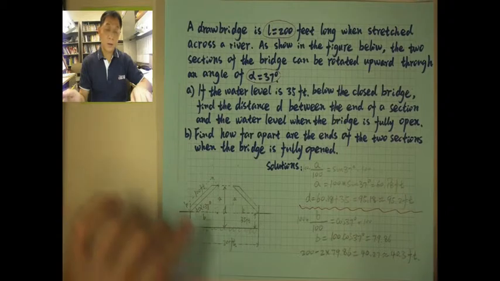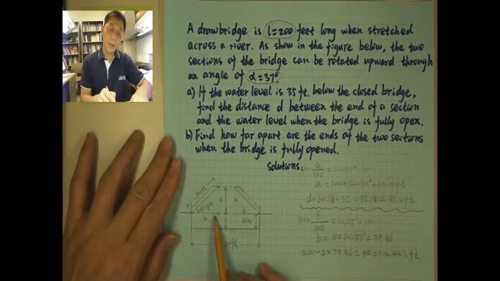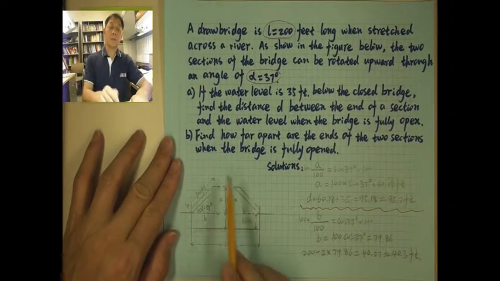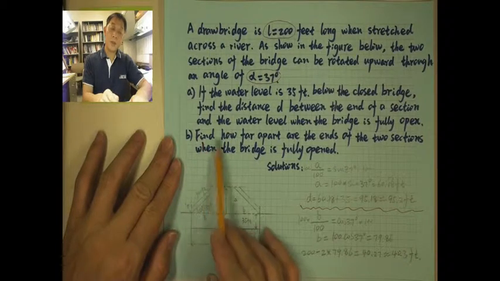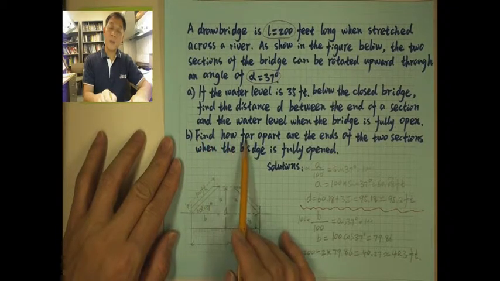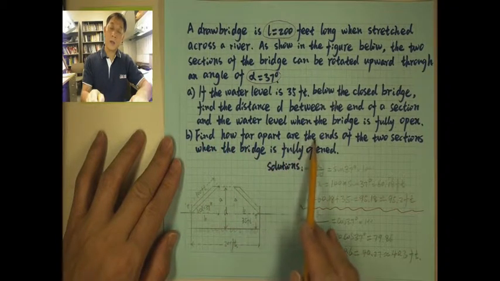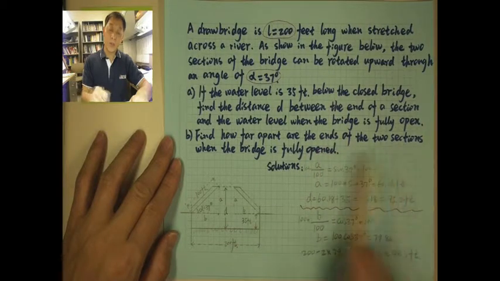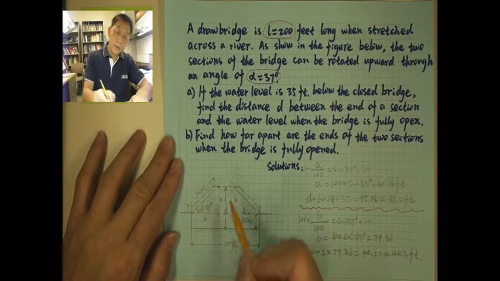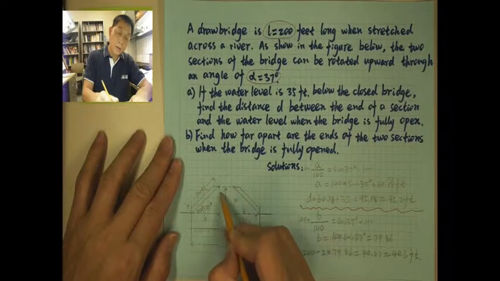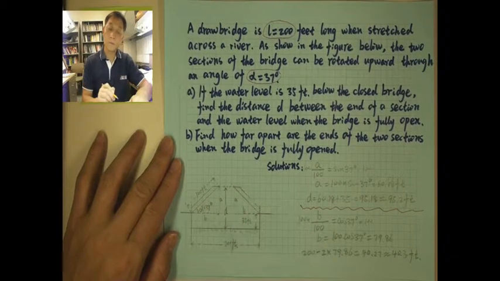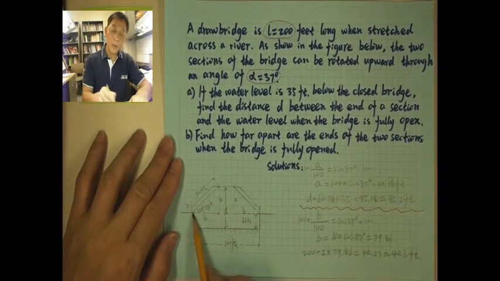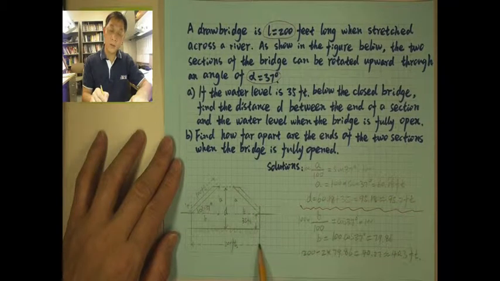Now we get A. We need B. What is the B? You see, we need to find how far apart are the ends of the 2 sections. We ask how far apart from here to here. We know from here to here is 200 feet.